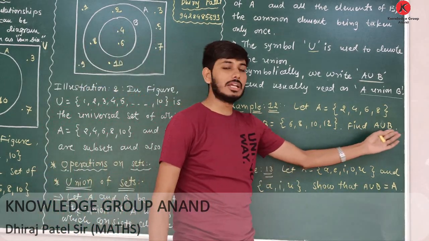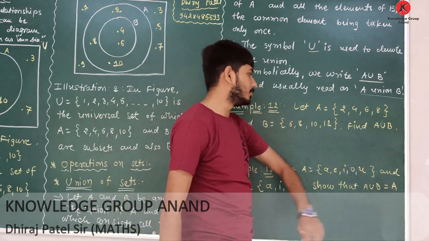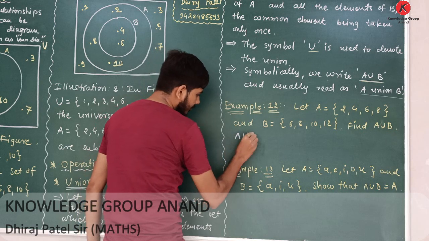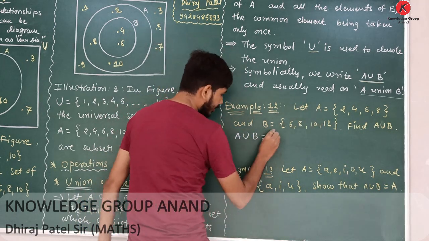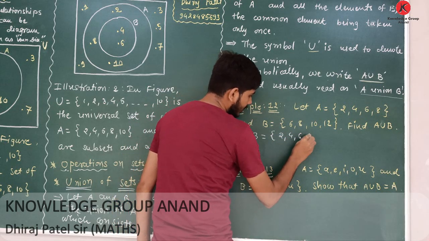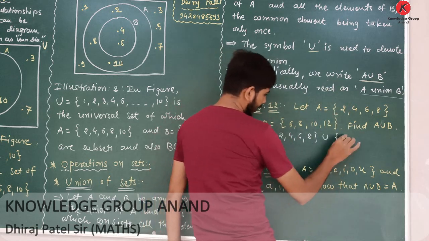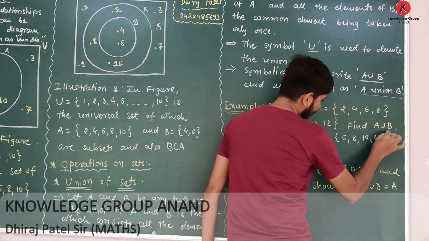Then we have to find A union B. For A union B, first of all, write all the elements of set A: 2, 4, 6, 8, union the elements of set B: 6, 8, 10, 12.